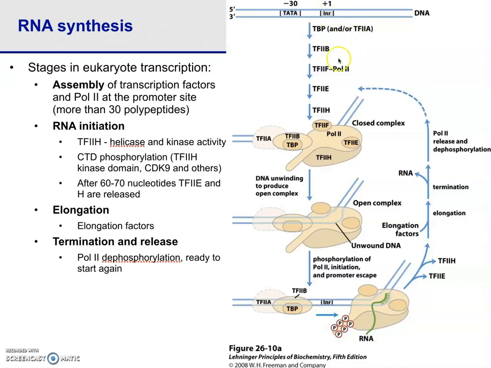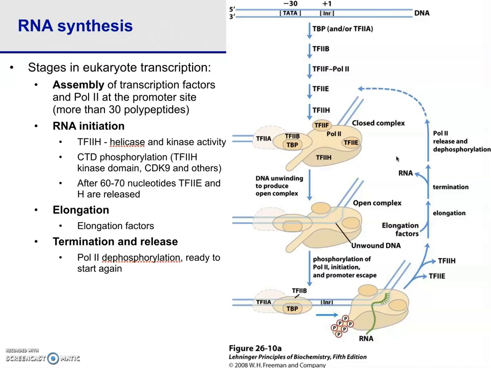As you can see later on, we have transcription factors F, E, and H also associating with the transcription complex. Now we have the complex complete, and I'm sure there are other factors that are not mentioned here, but at least at this point, for our intents and purposes, we will say that the complex is complete.